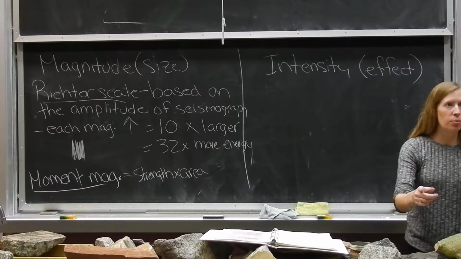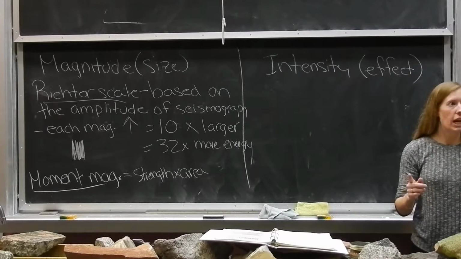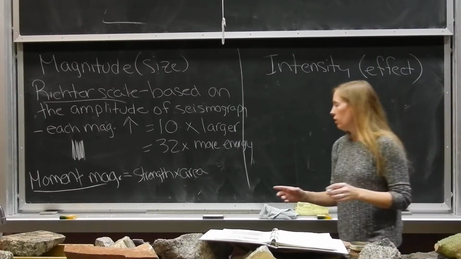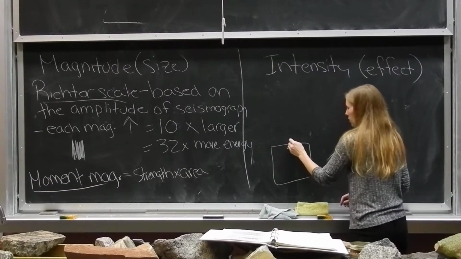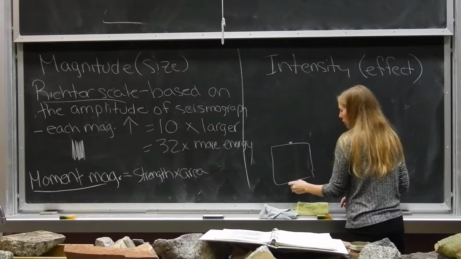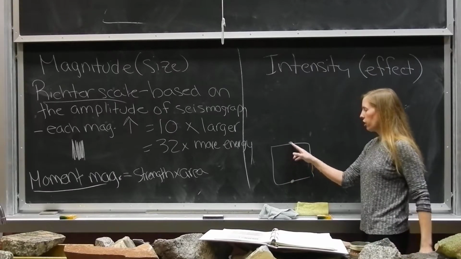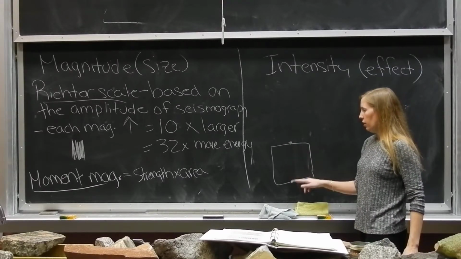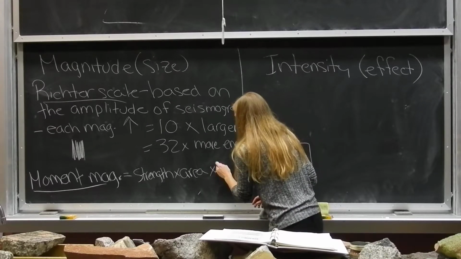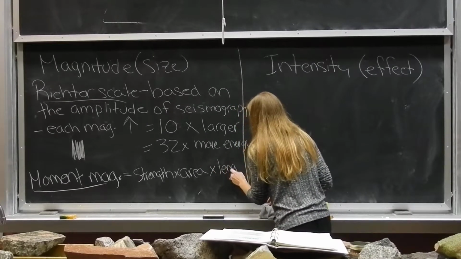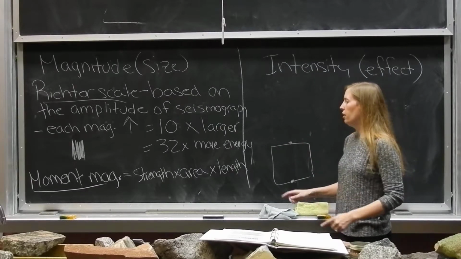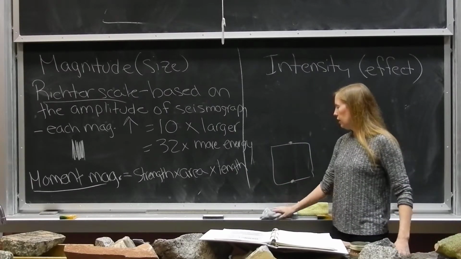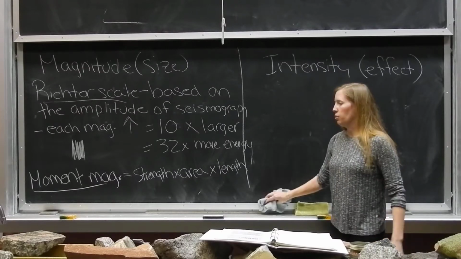We determine the depth to the focus using the aftershocks. We're up here, and we need to figure out how deep this is, so the aftershocks give us the depth. We need the width, the length, and the depth, plus the strength of the rock. And that gives us our moment magnitude.